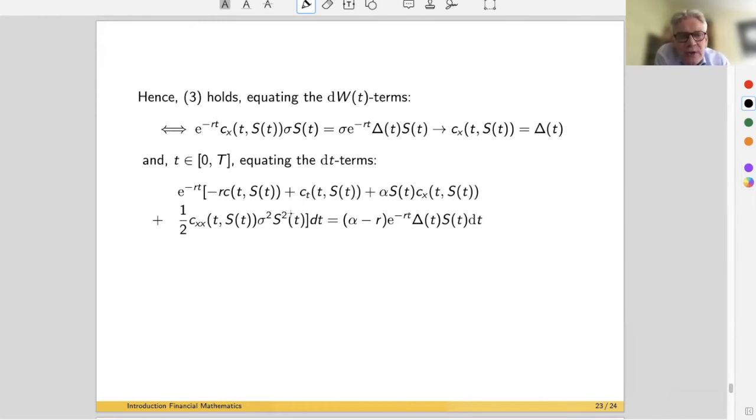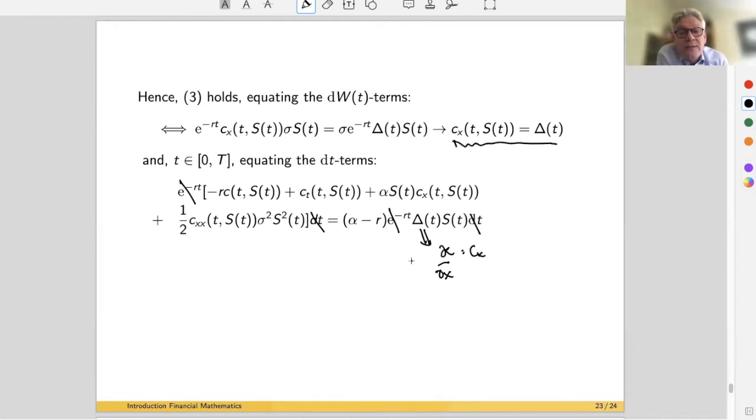Now some terms cancel out. First of all, the discounting term need not be there. What else do we see? Remember that dC/dS is now delta, because of this here.